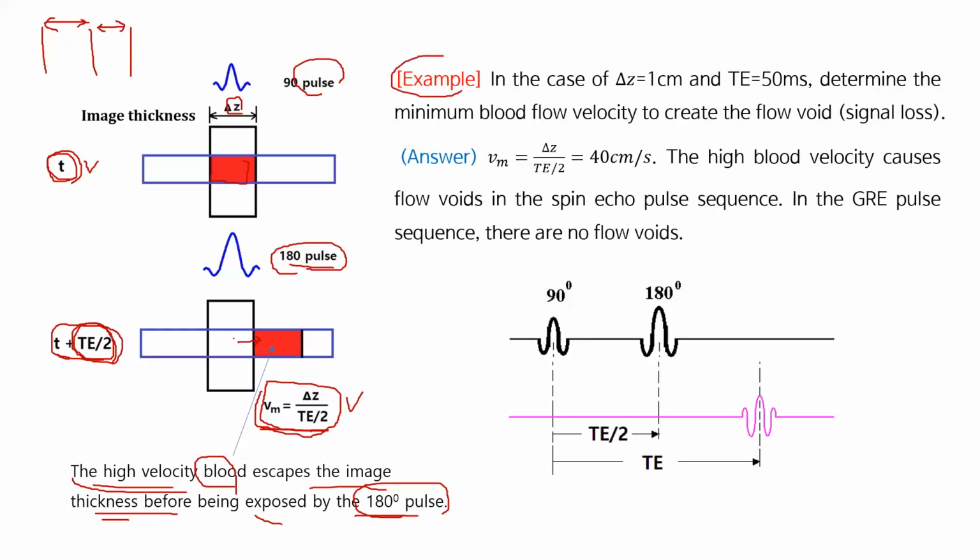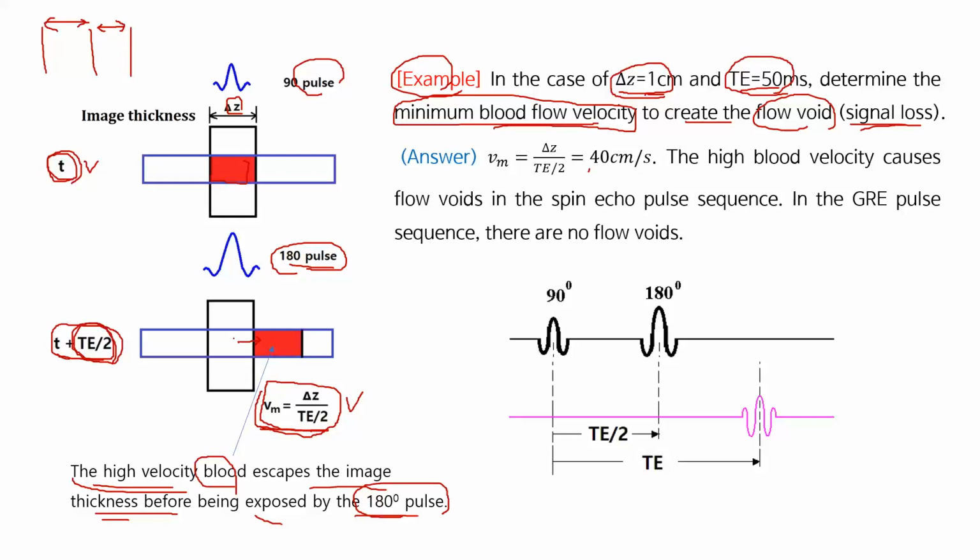Let's see some example here. In the case of delta G equal 1 centimeter, the image thickness is 1 centimeter, and TE equal 50 milliseconds. Determine the minimum blood flow velocity to avoid signal loss. We have this relation. So put in delta G 1 centimeter and TE equal 50 milliseconds.